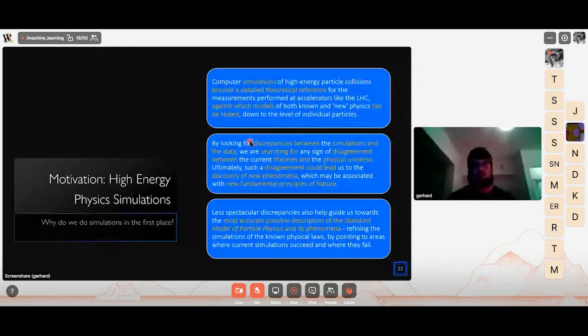But essentially, computer simulations give us a theoretical reference for the measurements that we perform at the LHC. And then we can compare our models against the actual physics that is measured during a run. So we look at the discrepancies between the simulation and the data, and look for any signs of disagreement between the simulation and the actual data.